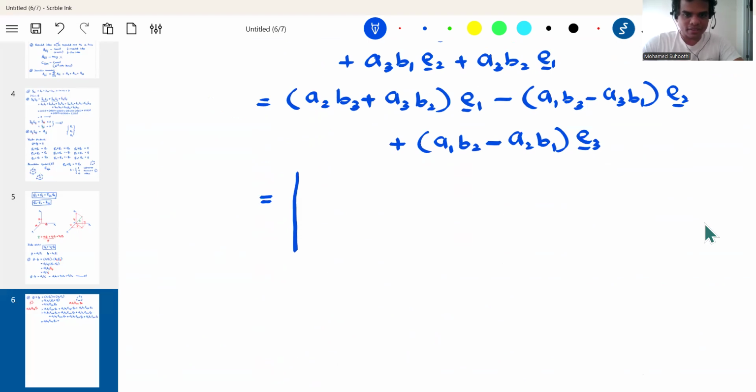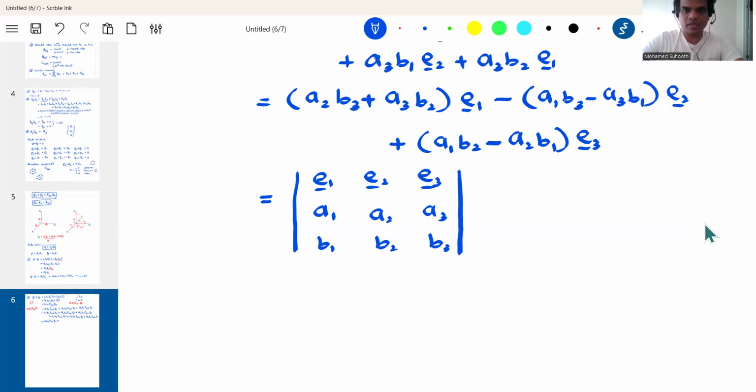The determinant E1, E2, E3, A1, A2, A3, B1, B2, B3. Actually, this is equal to this one, right? Okay.